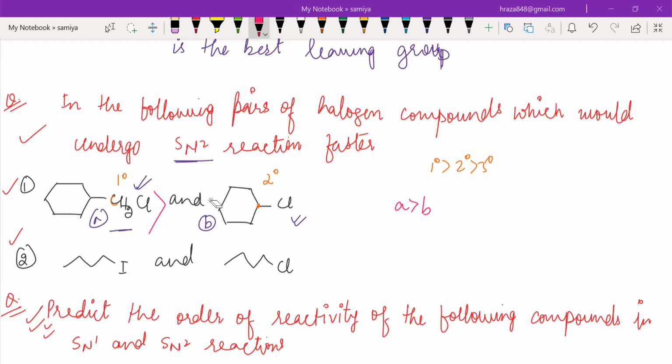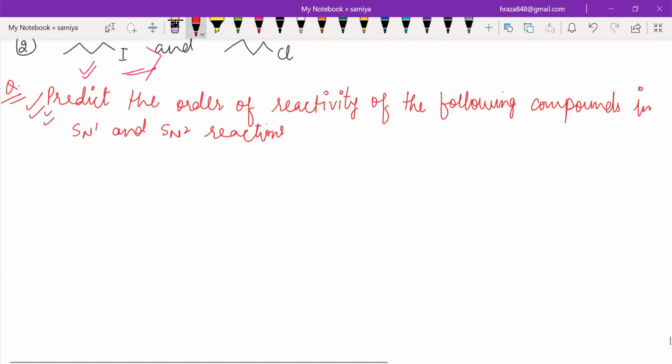I'm going to change the slide. I'm going to complete this question. Predict the order of reactivity of the following compounds in SN1 and SN2. First, predict the order of reactivity of the following in SN2, because we have completed only SN2.